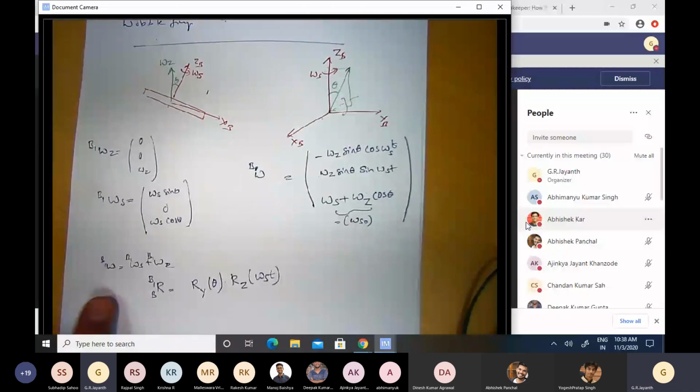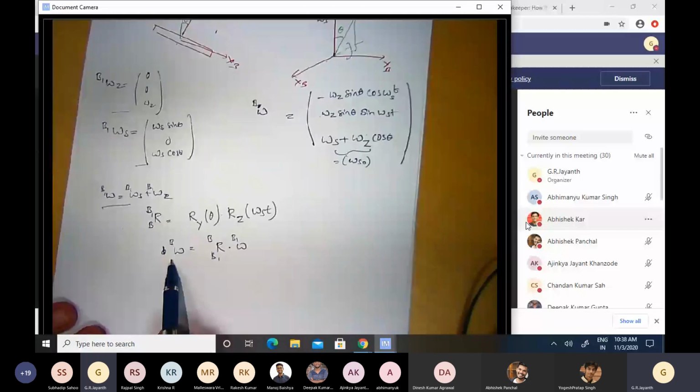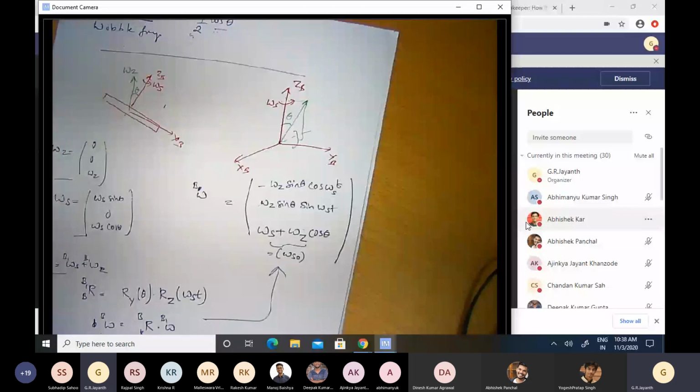That is equal to the rotation matrix of B1 with respect to B times omega in the B1 frame. We have omega in the B1 frame from these two expressions, and therefore we can obtain omega in the B frame. When you do the math, you get the exact same result which we obtained just by an intuitive understanding of how this omega z vector changes as a function of time when represented in the body coordinates. Any questions about this?